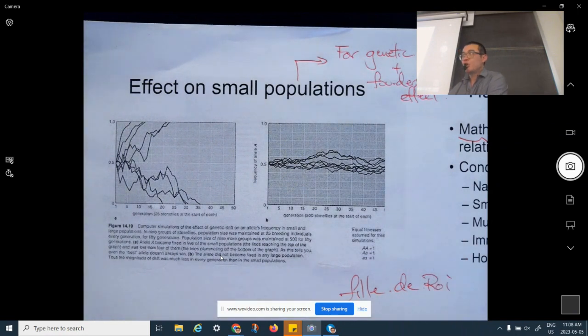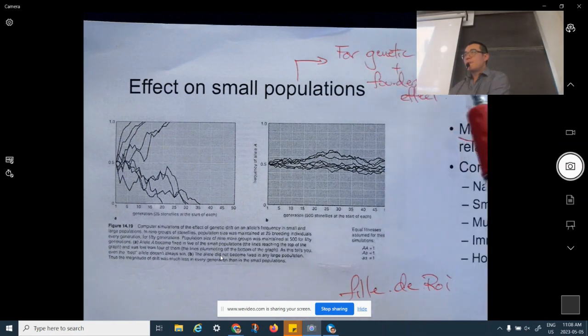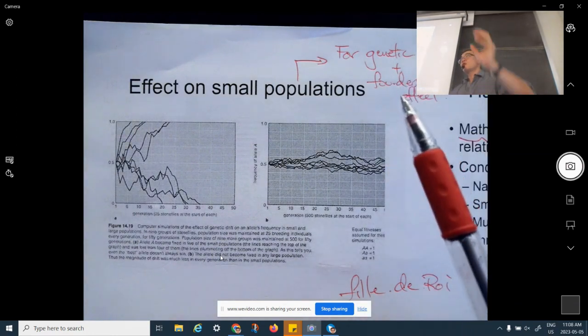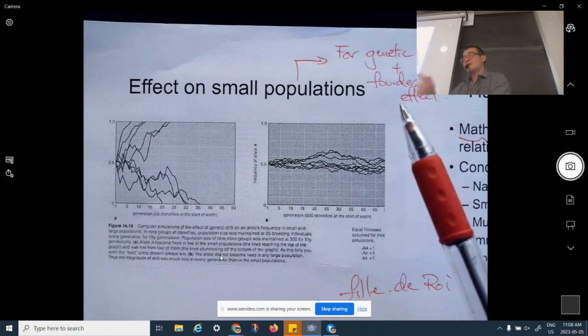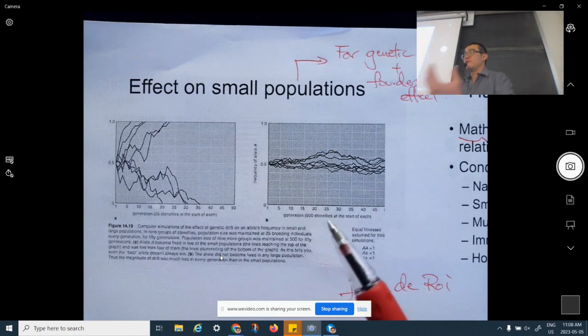If you have a larger population to start off with and a natural disaster happened, it probably wouldn't impact the allele frequency that much. Or if you have a larger population of founders to settle at a new location, then the allele frequency won't be as different compared to the mainland as if you only have a few individuals. Okay.